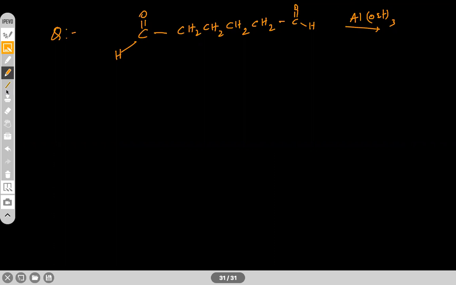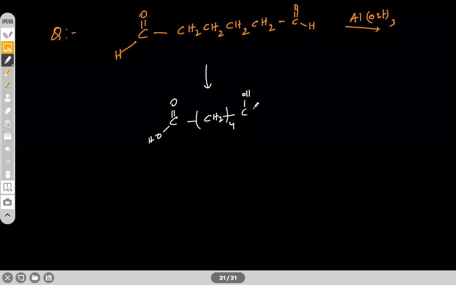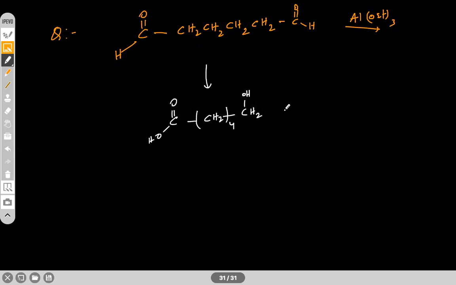First of all, we'll write down one side oxidation, C=OOH, CH2 four times, and CH2OH. So four carbons plus, total 6 carbon, and 1 oxygen present in the ring, right?